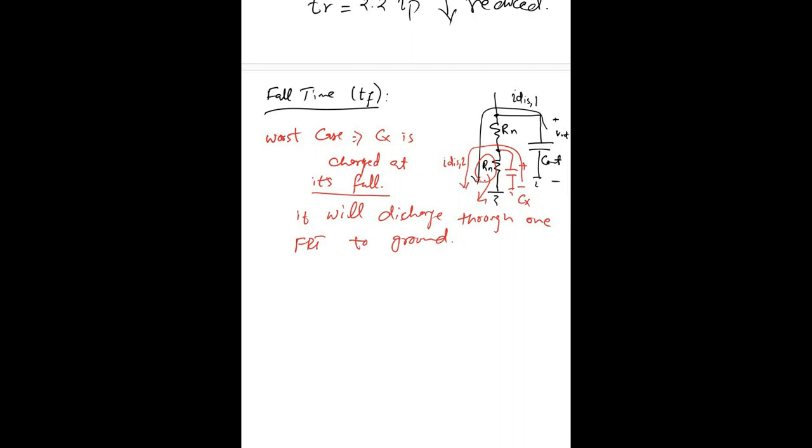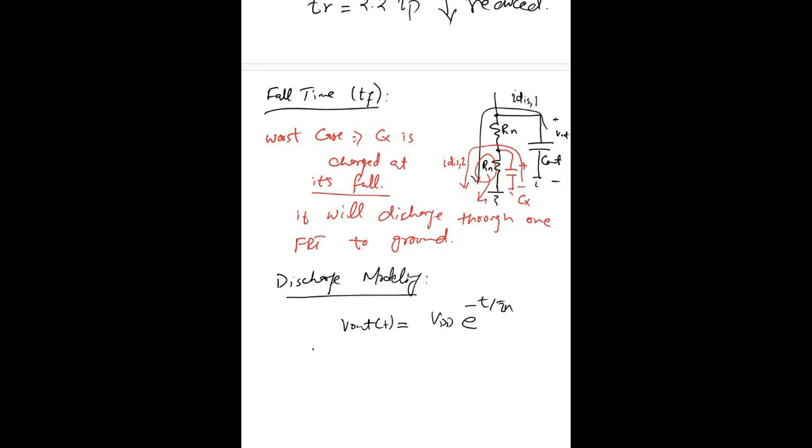Like we have seen earlier, the current is limited by the aspect ratio that is given by W by L. And if we model this discharging behavior, the discharge modeling can be represented by V out of t equal to VDD e to the power of minus t divided by tau N.